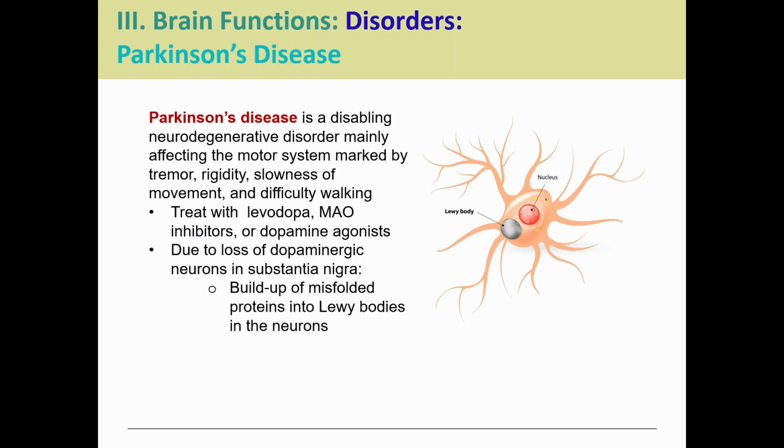And so we see that dopamine agonists that are going to promote dopamine can help here. This is because of misfolded proteins that turn into Lewy bodies in the neurons. And so that's going to cause the neurons to break down and no longer function.